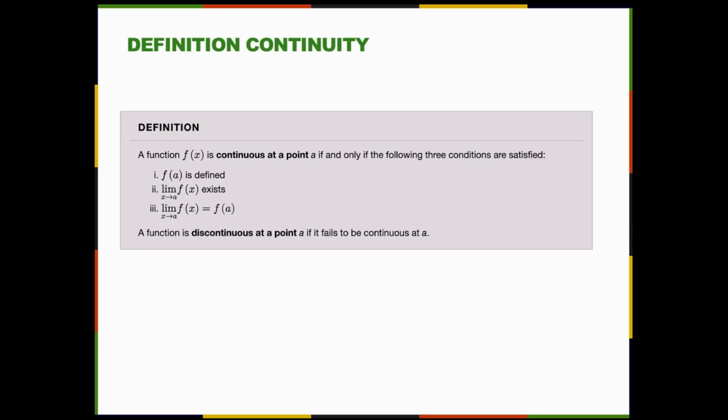In order for a function to be continuous at a specific point x equals a, we have that f of a is defined, the limit exists so that the right hand and the left hand limit are the same, and then the third condition is that f of a is equal to the limit coming in from both sides.